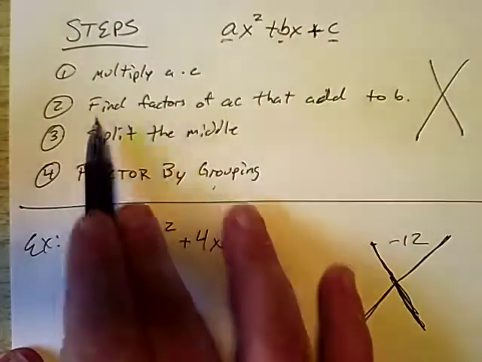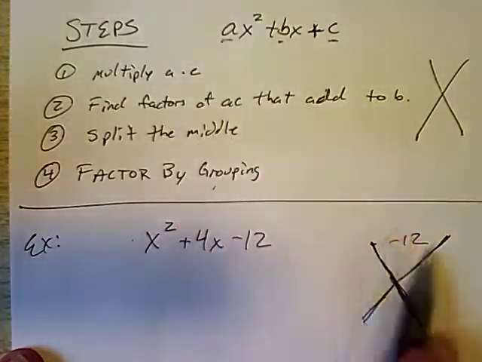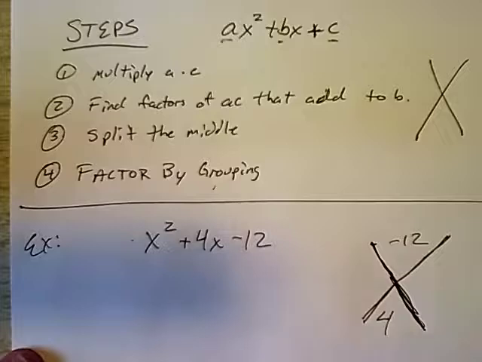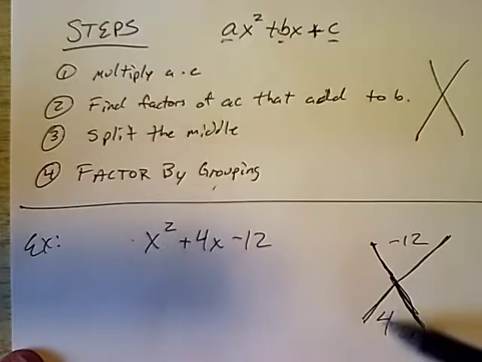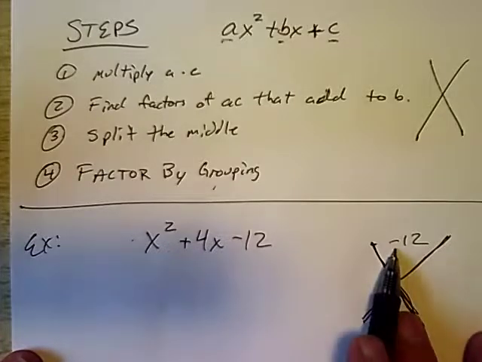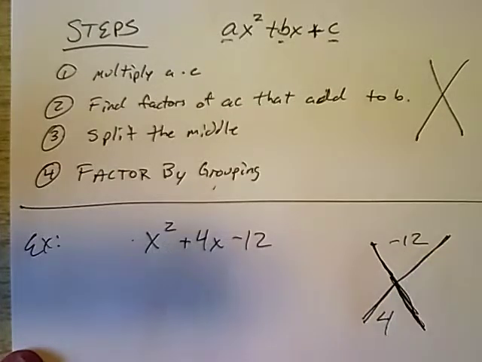Now I need to find the factors of negative 12 that add up to 4. Well, here I need to put my 4 down here. Okay? So this is where I put the B, and I need to put the factors of negative 12 that add up to 4. Well, one of them has to be positive and one of them has to be negative.